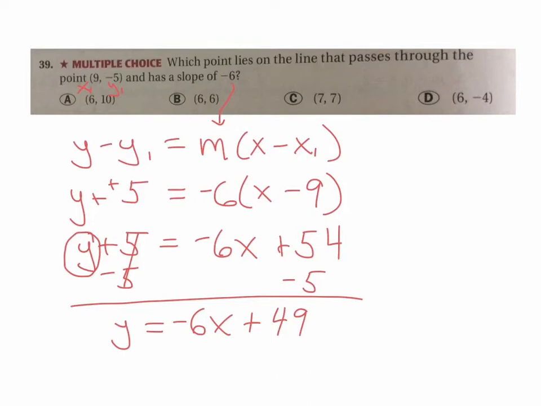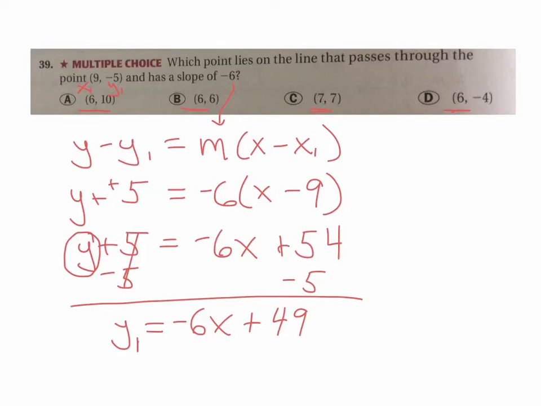Now what we want to do is check to see which of these points could possibly work in that equation. One way to do that is to throw this into your y1 in your calculator and look at your t-chart or your table of values to see which of those points is on your graph.